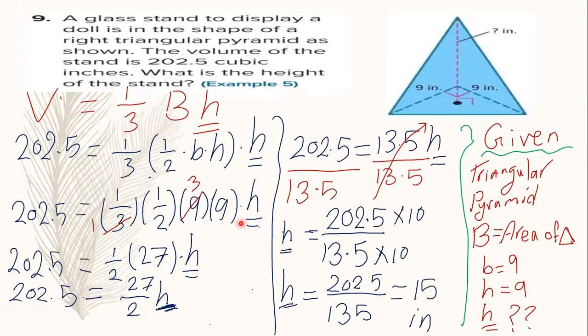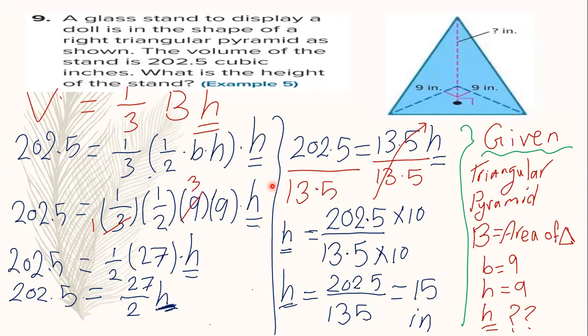We will move to exercise 9 on the same page. A glass stand to display a doll is in the shape of a right triangular pyramid as shown in the figure. The volume of the stand is 202.5 cubic inches. What is the height of the stand?